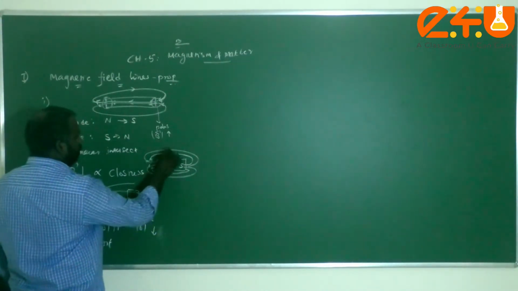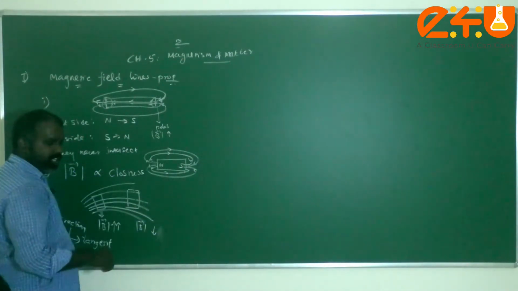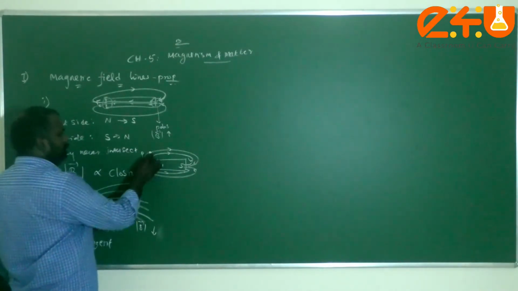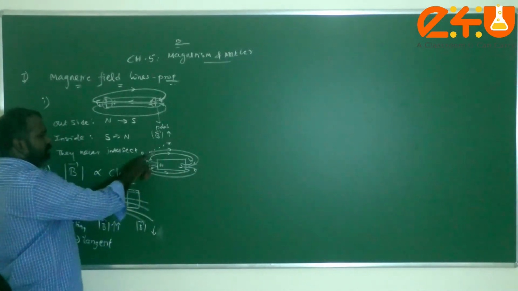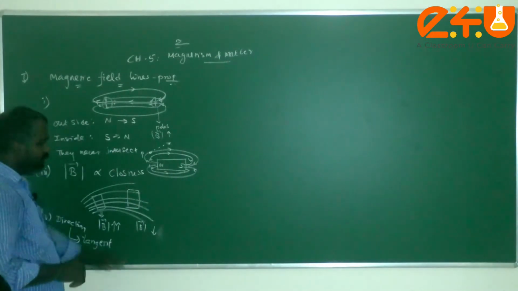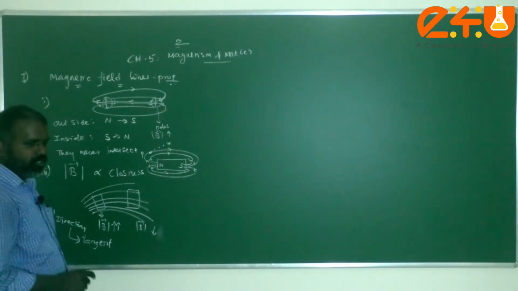These are the magnetic field lines represented outside of the magnet. At any point, say P, if you want to get the direction, you just draw the tangential line, which will give the direction of the magnetic field at this particular point P. These are very important properties we must know before going to the lesson.